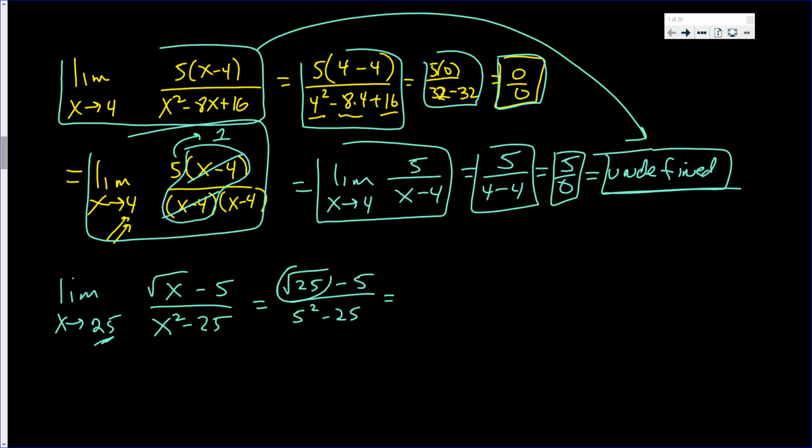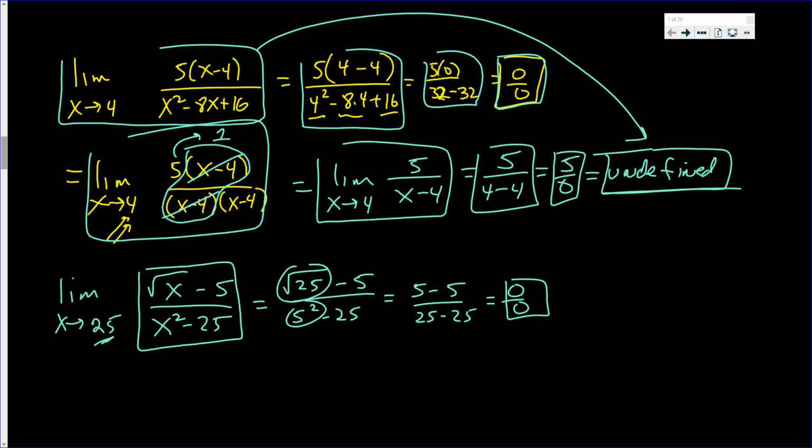The square root of 25 is 5, minus 5 over 25 minus 25. This is 0 over 0. So we have to do something. Problem is that the numerator is not a polynomial. So we need to figure out how to cancel out the 0 over 0.